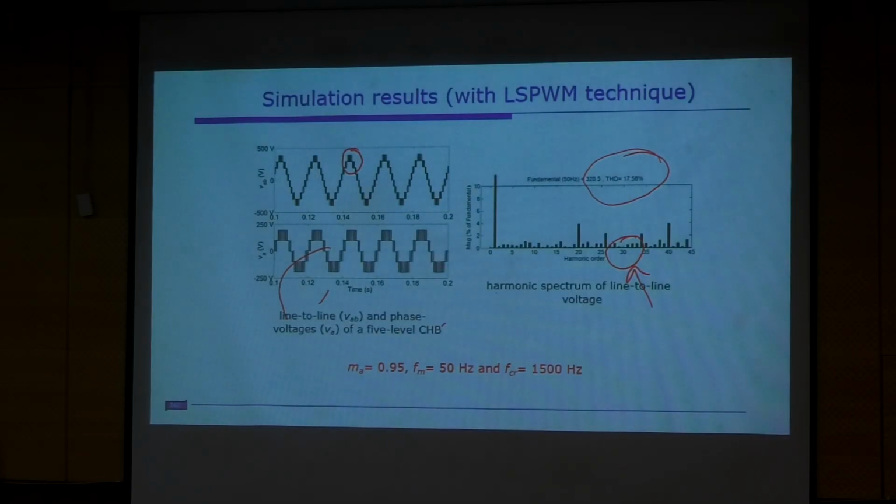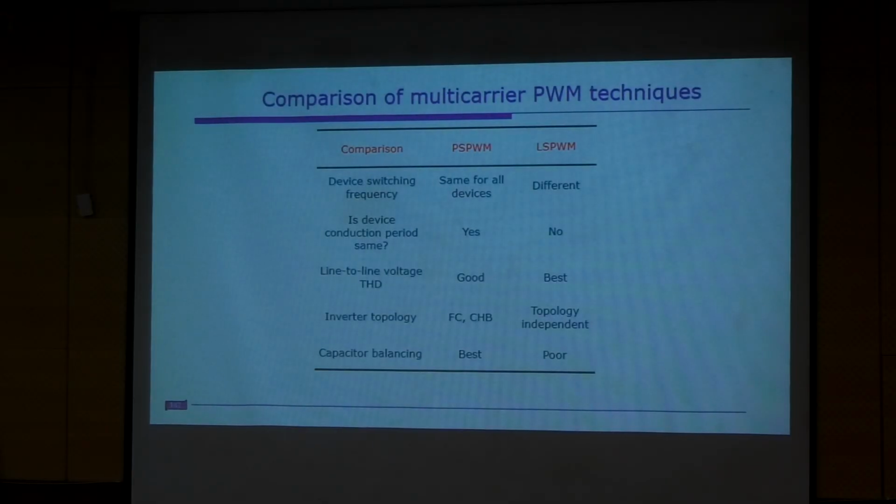But the drawback with the level shift PWM is that all devices are not operating at the same frequency. Therefore, if the modulation index is low, some of the H-bridges are continuously off. They are not delivering any power at all. All switches are operating at different frequencies. If you compare some characteristics, here the device switching frequency is the same for all, whereas this is different, and the conduction periods are the same here.